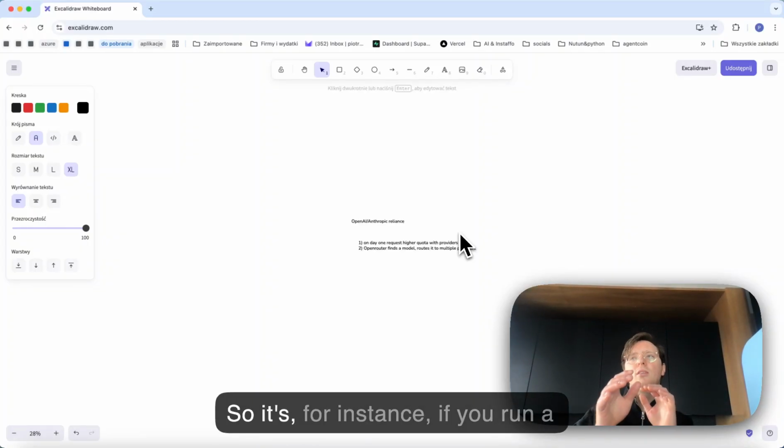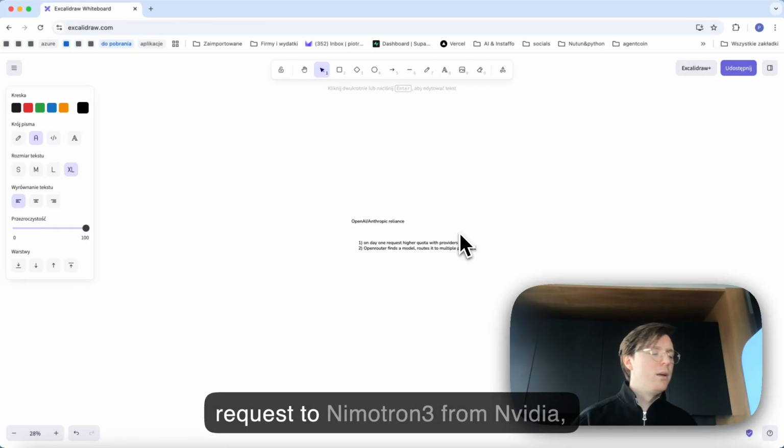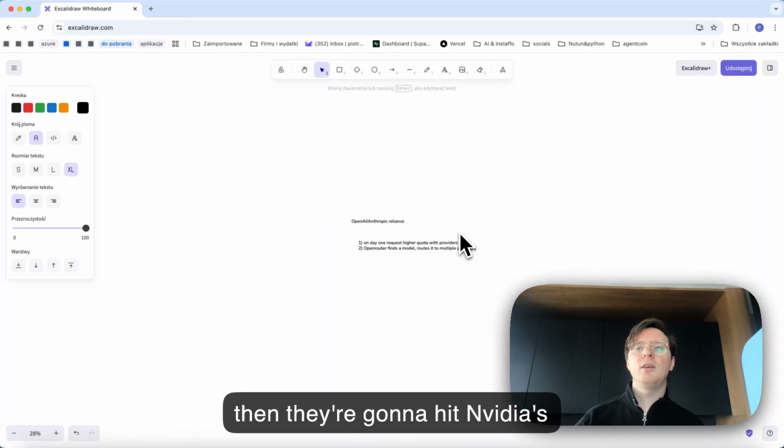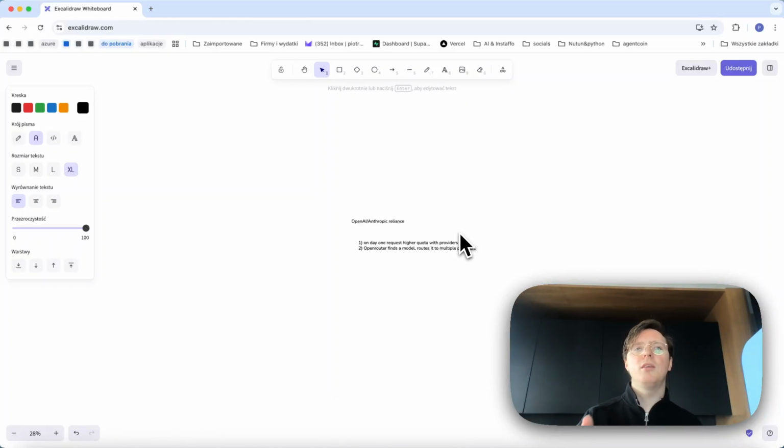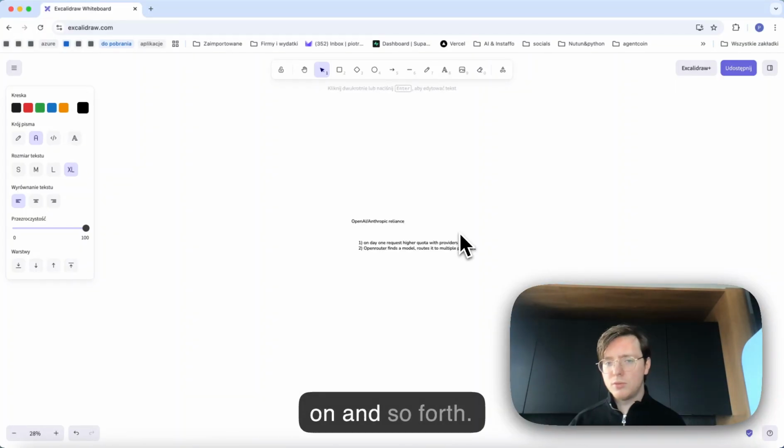For instance, if you run a request to Nemotron 3 from NVIDIA, then they're going to hit NVIDIA's endpoints. But if NVIDIA is down, they're going to hit somebody else's endpoint, and so on and so forth.